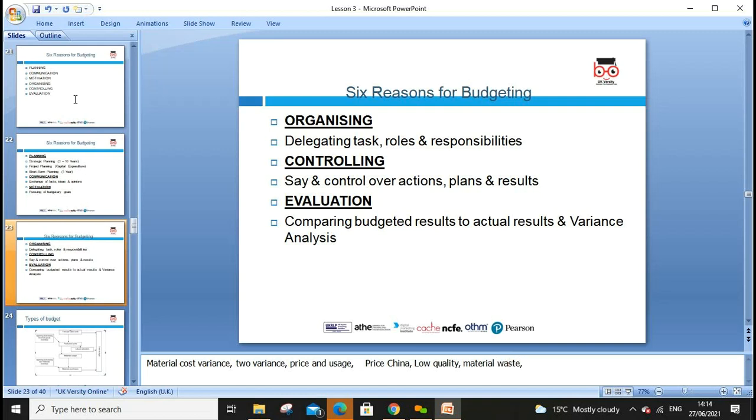If it's low quality, the material can be wasted, or we are required to use more to make the product. Some material can be damaged. So what we can do now, our price variance can be favorable, the usage variance can be adverse, but overall, the cost variance is favorable.